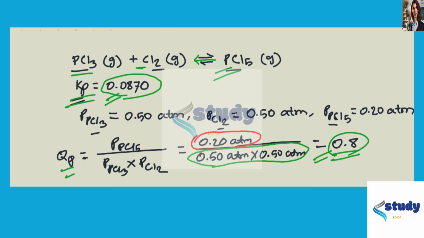If we look at the balanced equation, on the reactant side we have 1 plus 1, a total of 2 molecules, and on the product side we have 1 molecule. So if we increase the volume, the equilibrium will shift to the left, and that will increase the mole fraction of chlorine in the mixture. So the answer to question C is that increasing the volume will increase the mole fraction of chlorine.